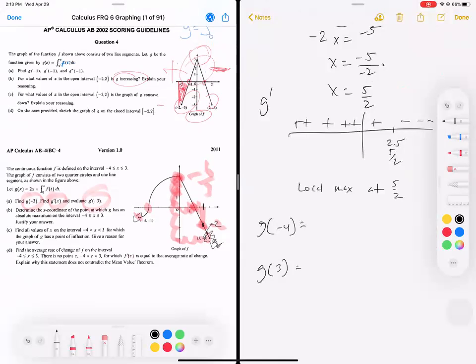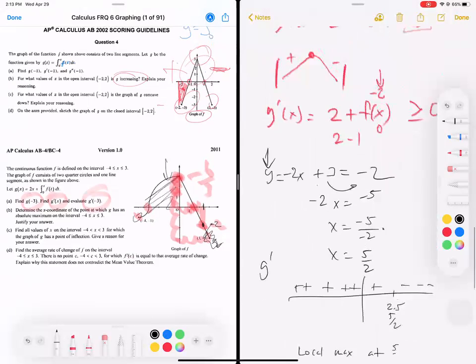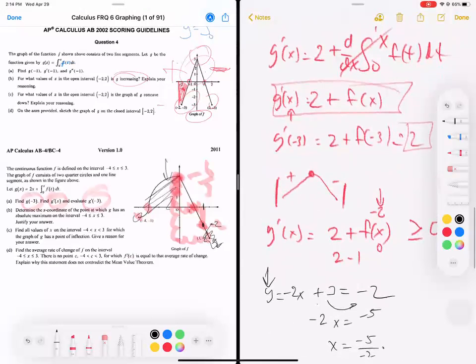But if I plug in negative 4, sweet, negative 2 times negative 4, darn it, I should write it, plus the integral from 0 to negative 4 of f of t dt. That's going to be negative 8 plus some value here. We know that the circle is going to be some huge value.